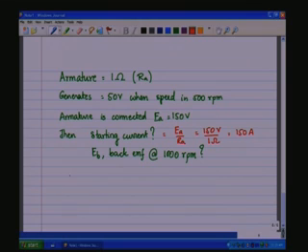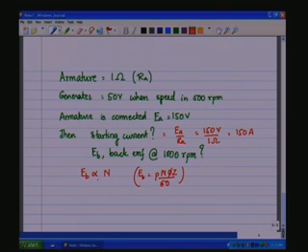Now, the back EMF at 1000 RPM. We have been given that it generates 50 volts when the RPM is 500, and we know that the back EMF is proportional to N. Note that EB is equal to P N phi Z by 60.